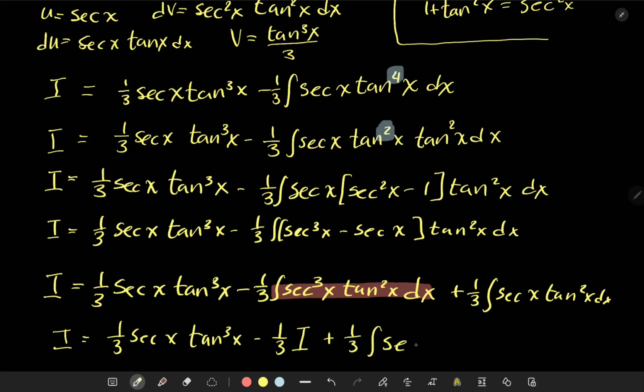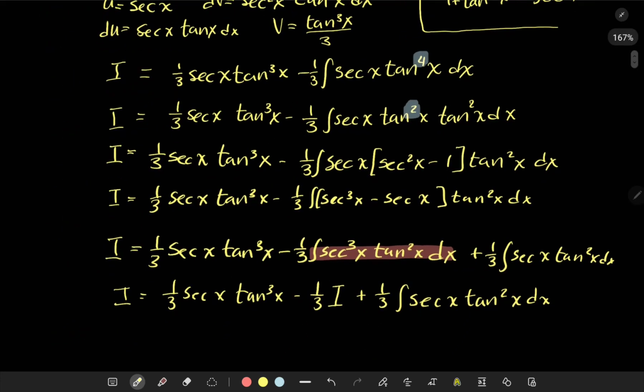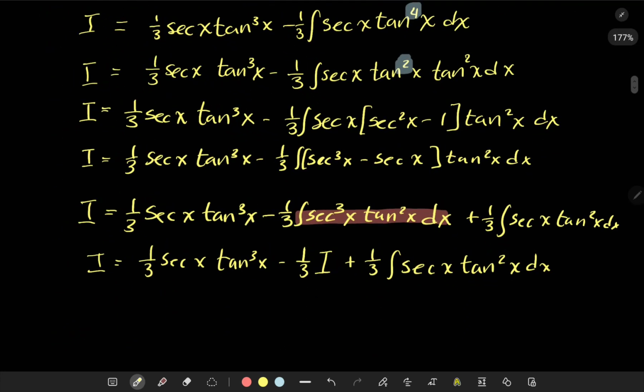But this new integral, notice the nice thing about it, is the combined degree is not 5, it is now 3. So I dropped the degree by 2. And that means that if I continue to do that, next time I should be able to compute my integral.